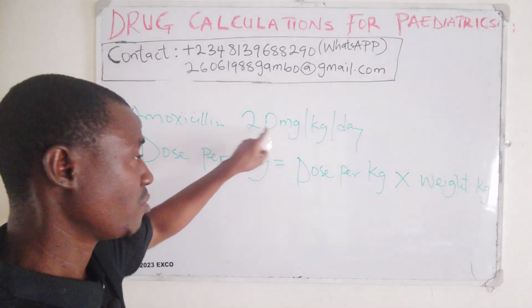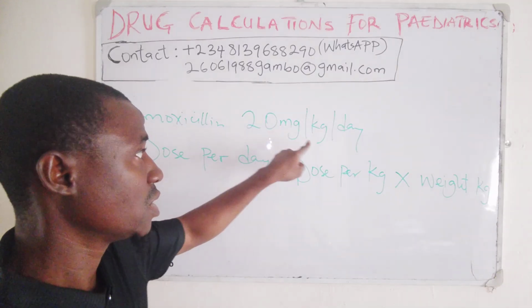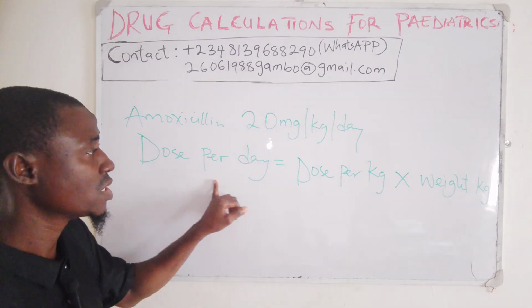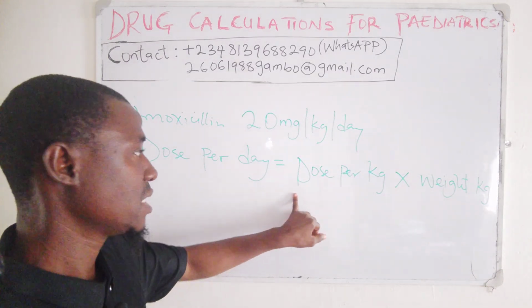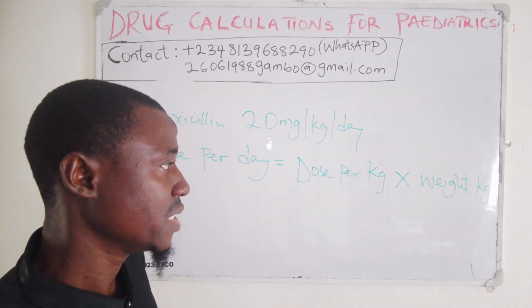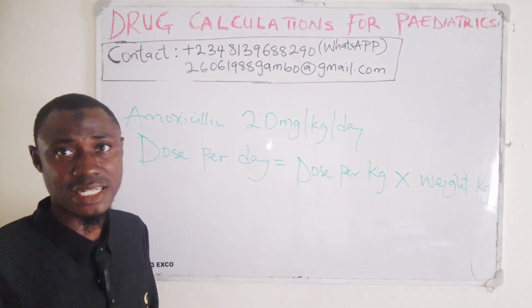For instance, amoxicillin is ordered at 20 milligrams per kg per day. So you can comfortably use this formula to get the amount you are going to give for that patient for that whole day without needing to repeat the dose a second time in that same day.